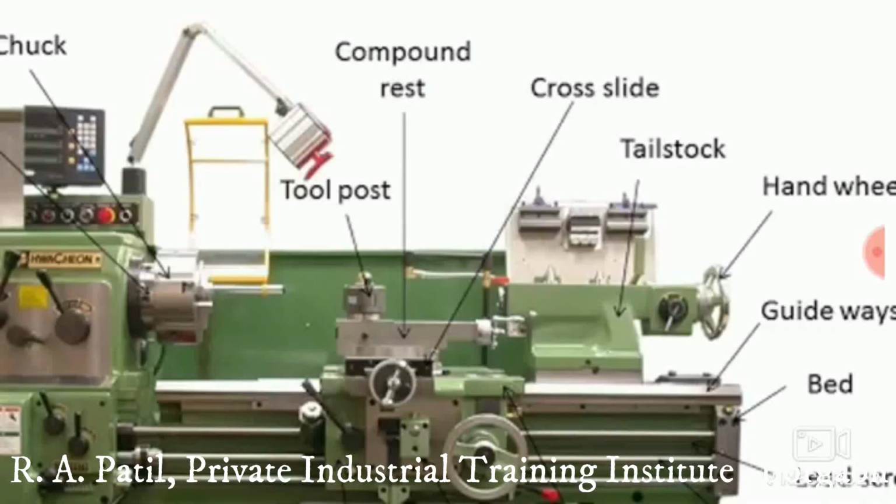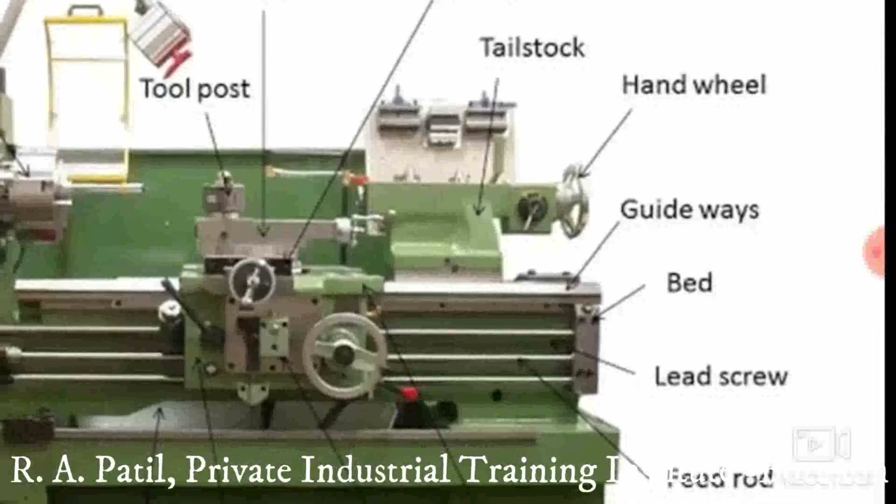After that there is a cross slide for giving the feed in the vertical direction, that is perpendicular to the lathe axis. After that there is a tailstock. The tailstock is basically used for supporting the long workpiece. The long workpiece, or say a long cylinder or long shaft, is supported in between the headstock and tailstock.